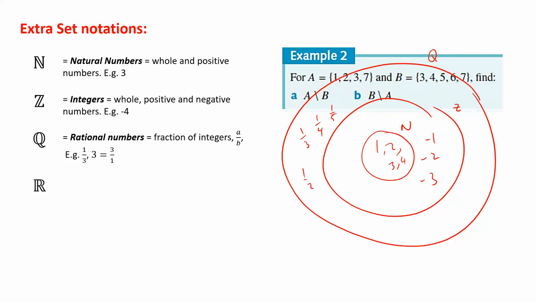Everyone loves halves, right? These are numbers that we can work with, or any fractions. Not everyone loves it. So Q represents that, and you can include whole numbers as well. So you can include 3, because 3 can still be part of it. 3 can be expressed as 3 over 1.